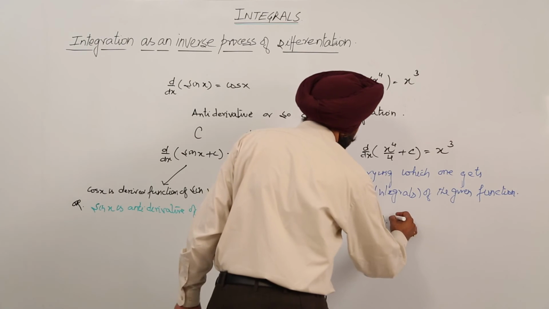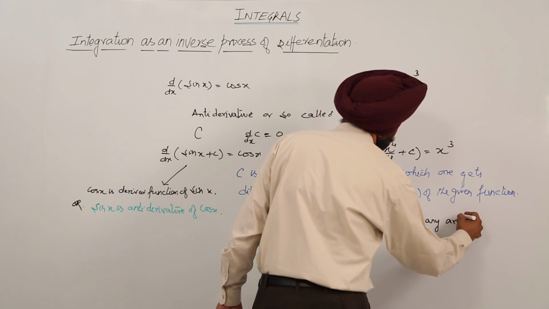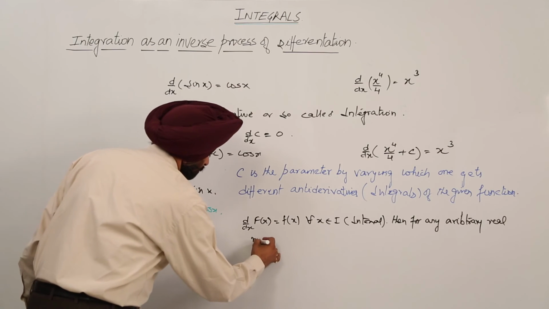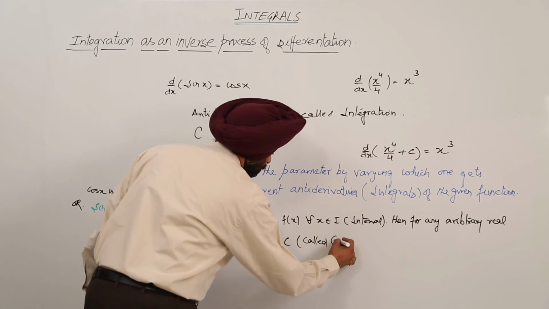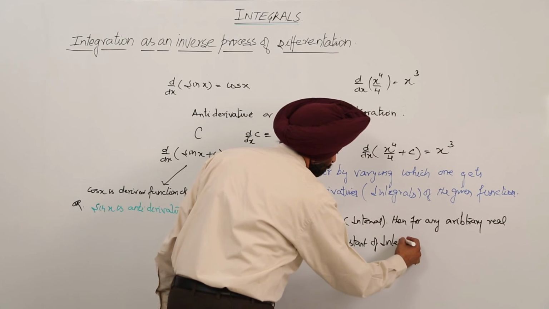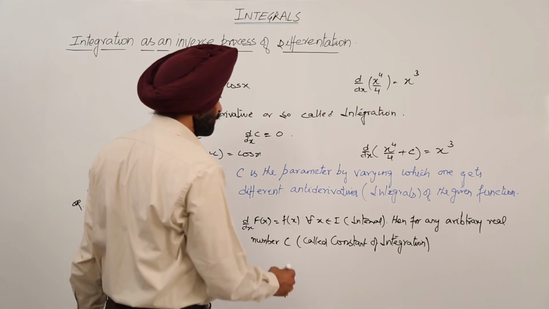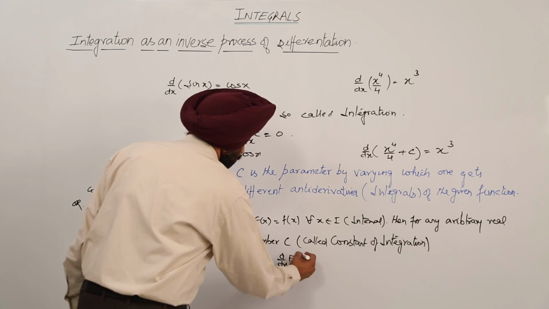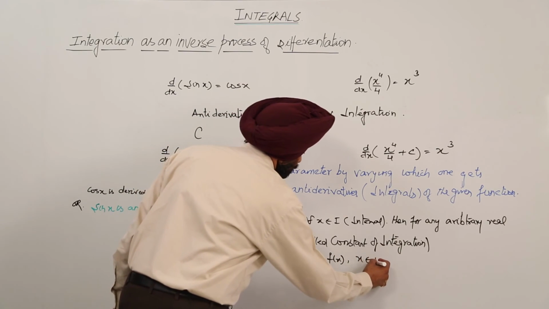Then for any arbitrary real number constant c, that is called the constant of integration, we can write d by dx of Fx plus c is equal to fx where x belongs to I.